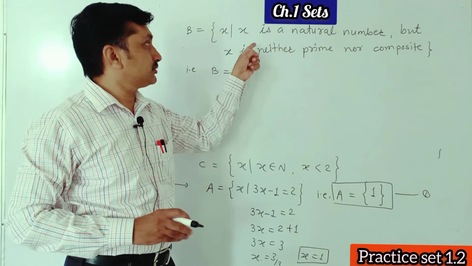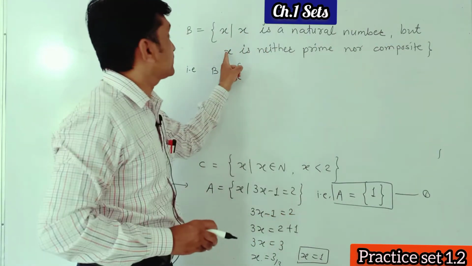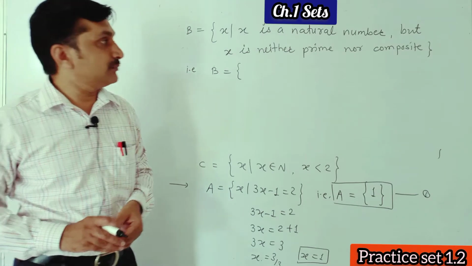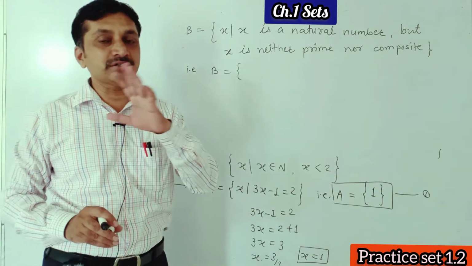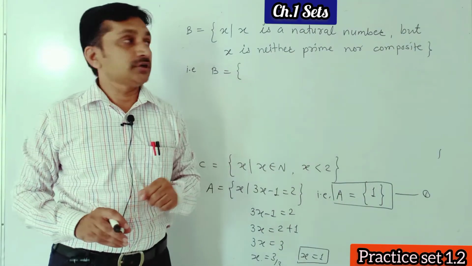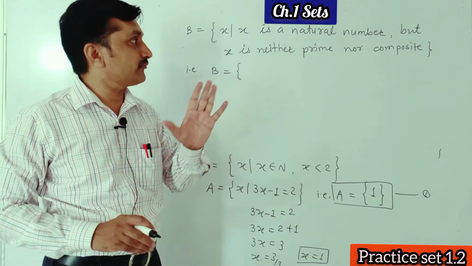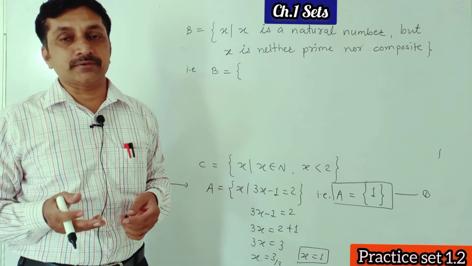But x is neither prime nor composite. A prime number is divisible only by itself, there is no other factor. 2 is prime, so we can't take 2, and composite numbers we also can't take.